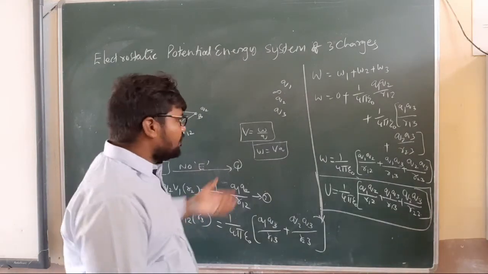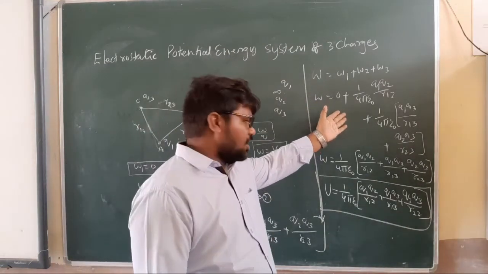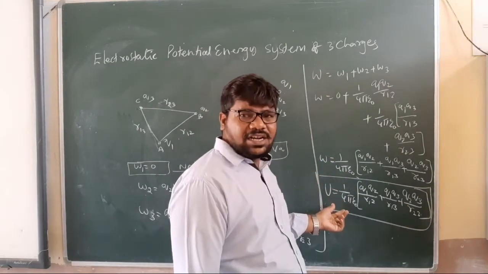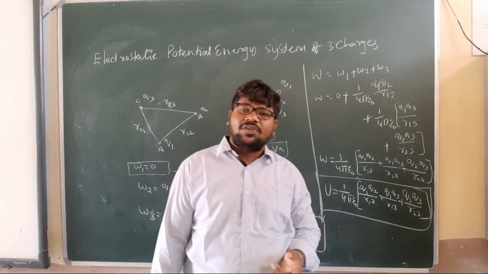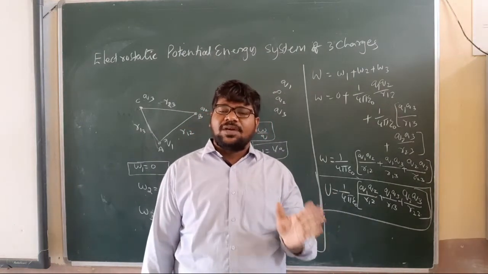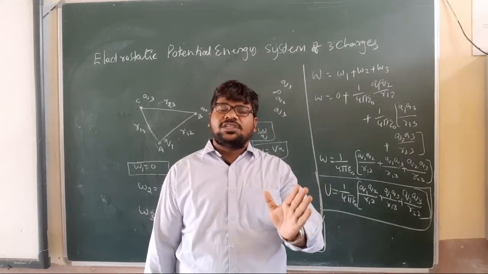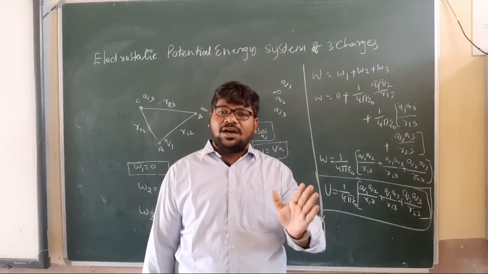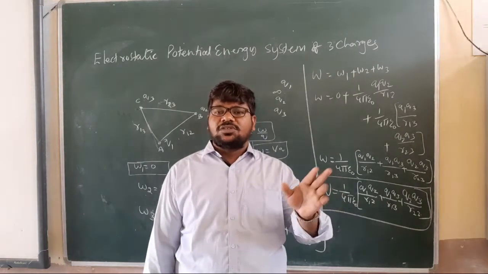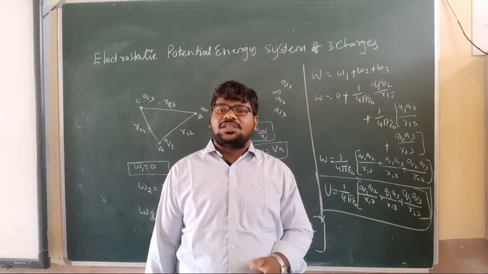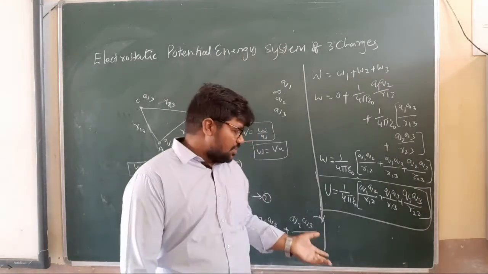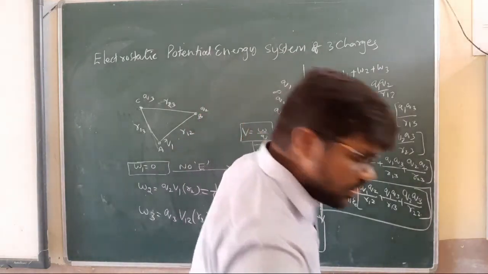By combining work done 1, work done 2, work done 3, that work done is stored in the form of potential energy. That value is equal to 1 by 4 pi epsilon naught into Q1 Q2 divided by R12 plus Q1 Q3 divided by R13 plus Q2 into Q3 divided by R23. It's clear, my children? And this equation we have to write in the form of summation.